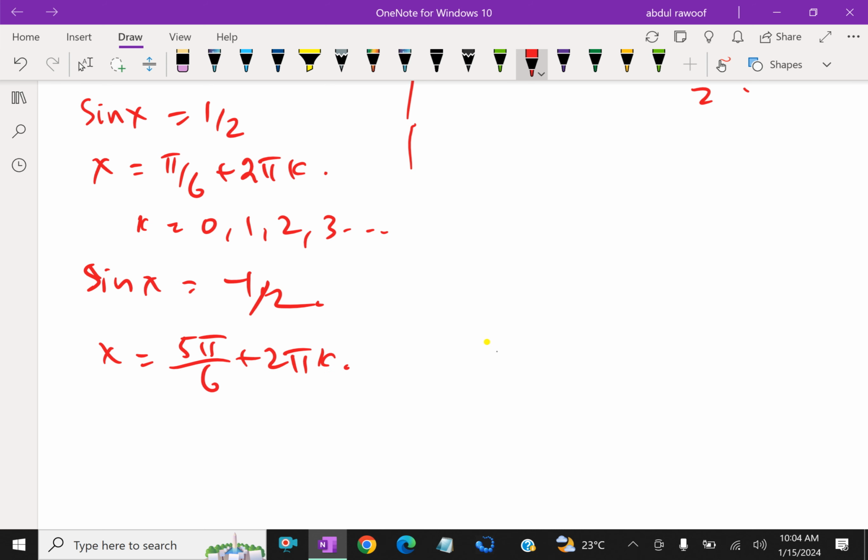Here also the value of k is 0, 1, 2, 3, 4, 5.